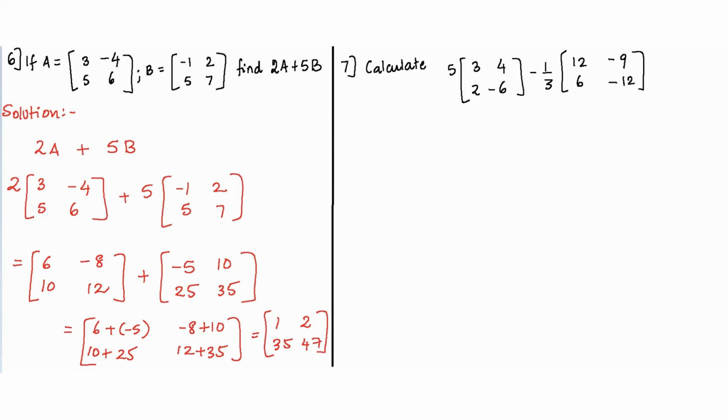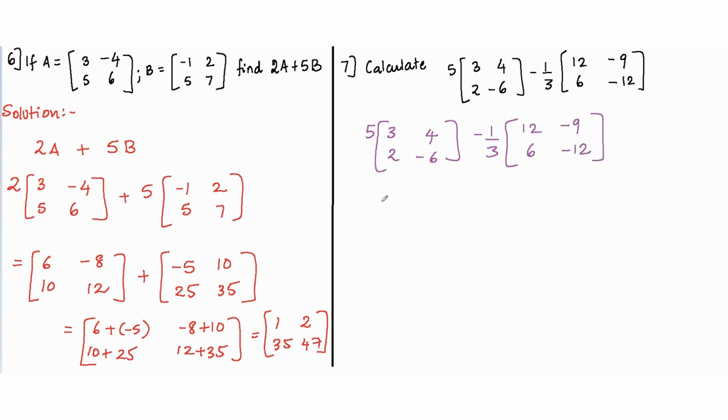Similarly, in the next question, I have to find 5 times this matrix minus 1 by 3 times the second matrix. So again, this is multiplication of matrix with a scalar value. So we have to multiply 5 times 3, 4, 2, minus 6, minus 1 by 3 times 12, negative 9, 6, and negative 12.